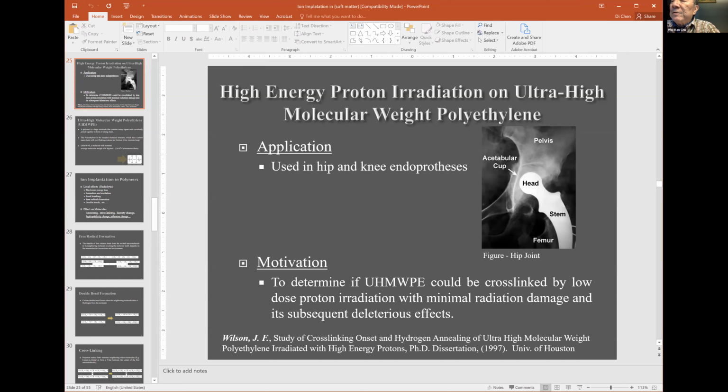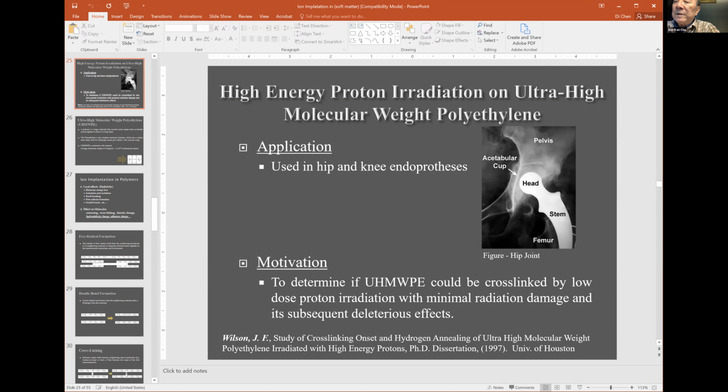However, after using it for 6 years, due to the rotational motion and the rubbing, the head becomes consumed and can wear off. 6 years later, the patient starts complaining. So the typical process is they call the patient back, cut him open and give him a new set. Very painful and very expensive.